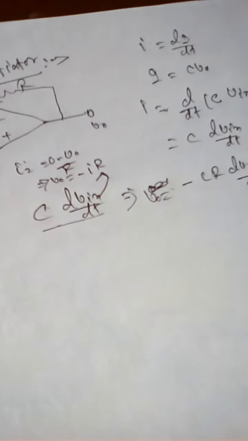So the output voltage V0 is the derivative of the input signal with a constant RC.